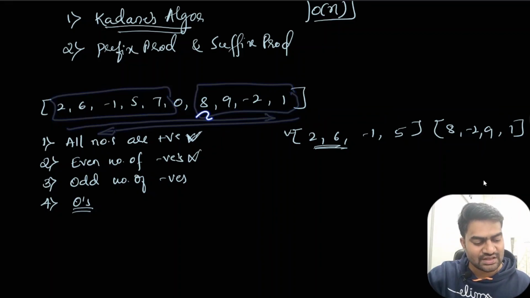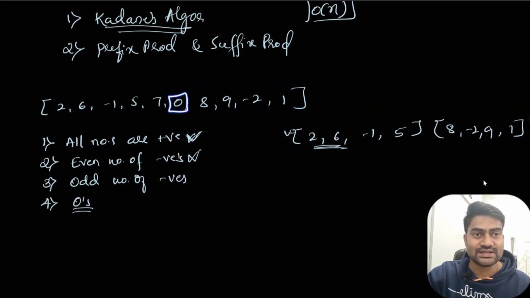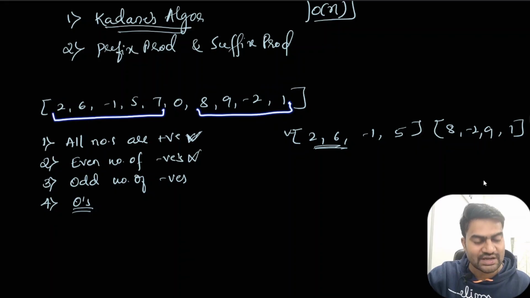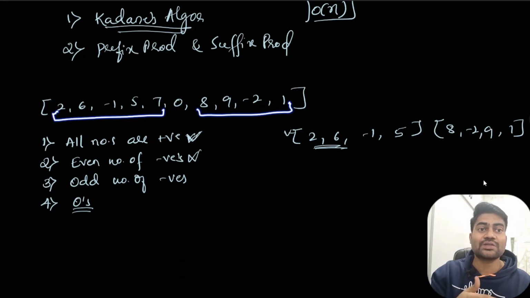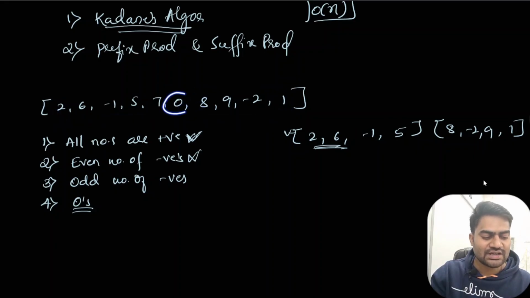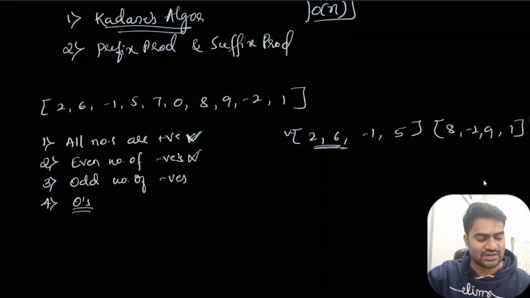So whenever we encounter 0, you simply reset. Why? Because this is one subarray and this is another subarray, which will contribute to the maximum product. You cannot include 0 at all in any of the cases. So you need to reset the prefix product or the suffix product whenever you encounter 0.